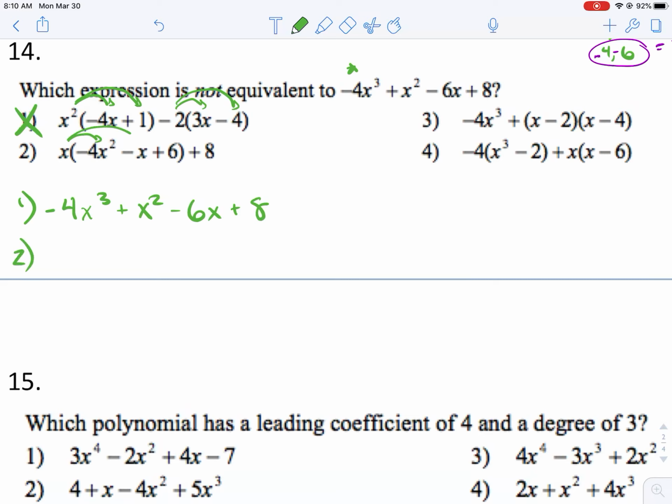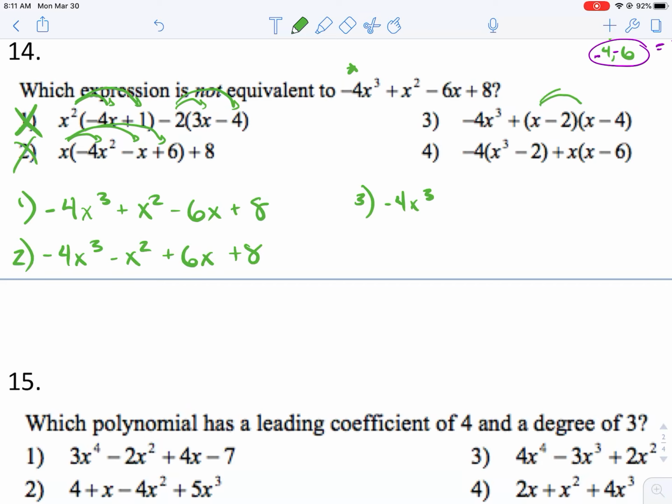Sure is. So 1 is out. Number 2, same thing. I'm going to distribute across, so I'm going to have a negative 4x cubed minus x squared plus 6x plus 8. Again, I have exactly what we have up top, and that one is out.